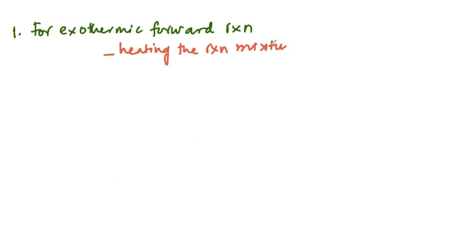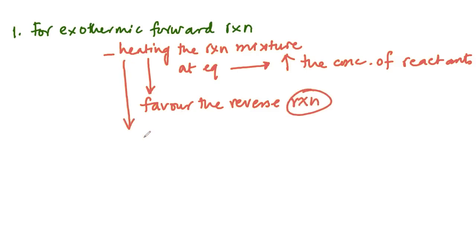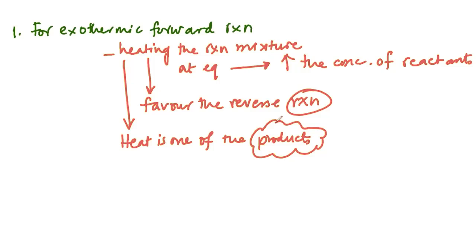The rule is that for exothermic reactions, heating the reaction mixture at equilibrium is going to increase the concentration of reactants, because heating the reaction mixture is going to favor the reverse reaction, because heat is one of the products. If you're heating the reaction mixture, it means that you are adding the products.